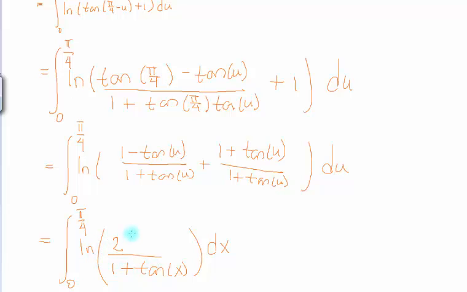Now, by properties of log, a division is a subtraction. So we can integrate from 0 to pi over 4 of log of 2 minus log of 1 plus tangent of x, everything dx, right?